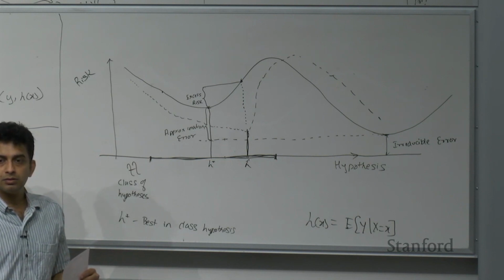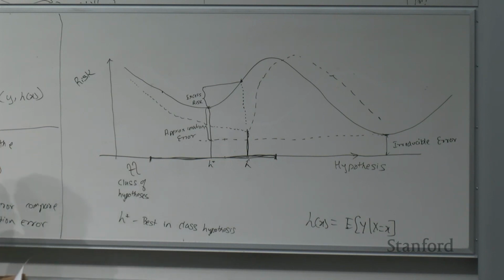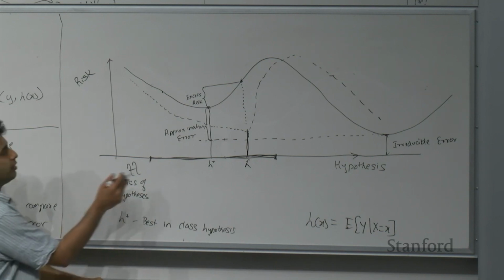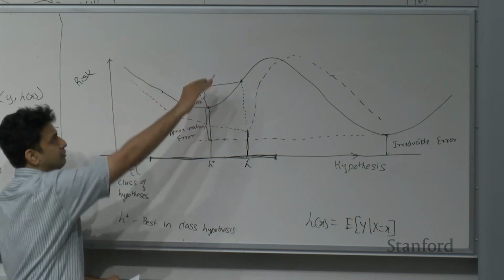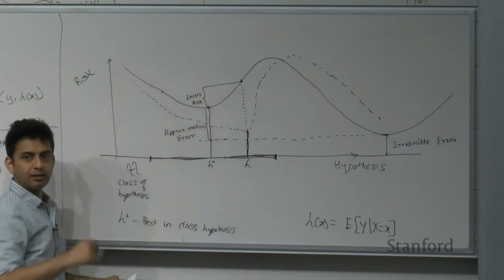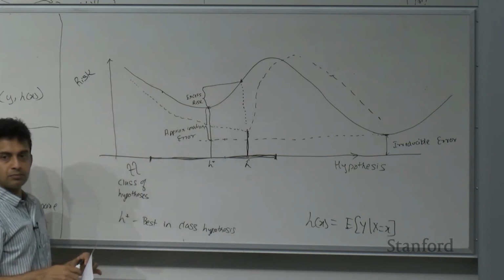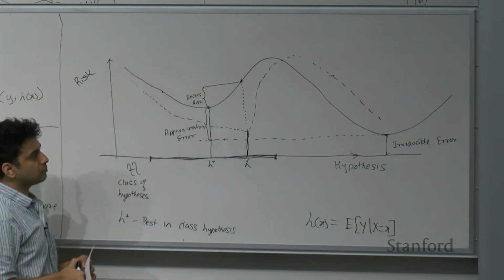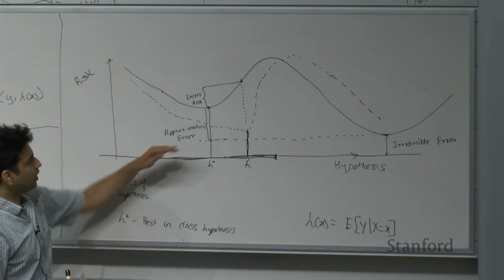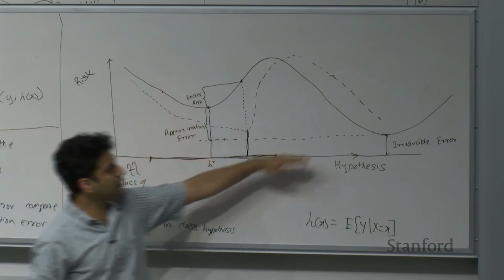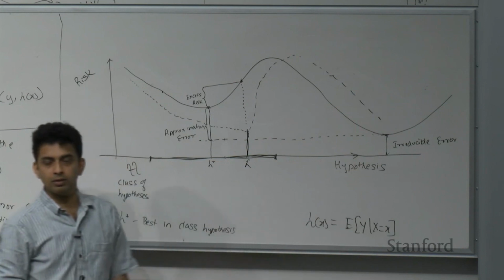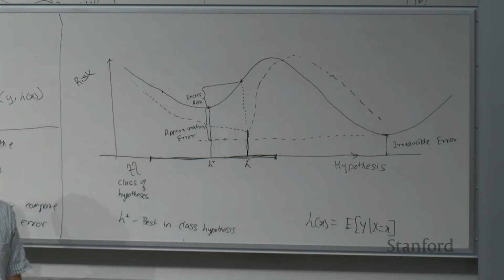We are actually doing better than the... So we want to find points such that the risk is minimized. So going higher up is bad. But if we compare it to the irreducible error, we are doing worse than the irreducible error because irreducible error is even lower. Yeah, but in that class, you can either have H star or H hat. H hat is closer to irreducible error than H star, right?